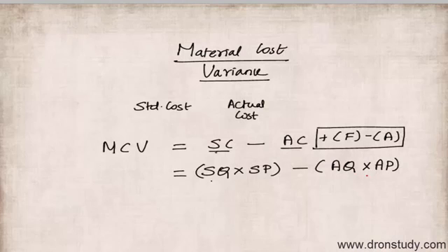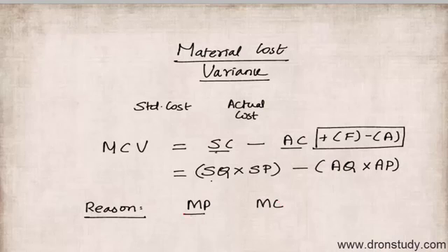Now we have to understand one important point: why is there going to be a variance, why is your actual cost differing from standard cost? Understand, material cost variance arises mainly because of a difference in material price or a difference in material consumption.